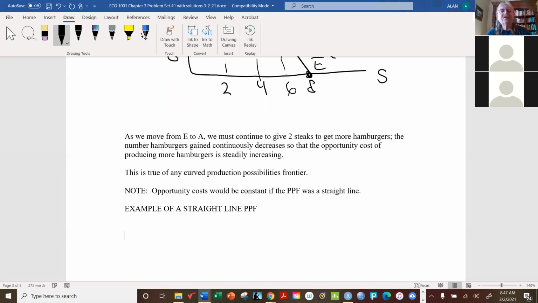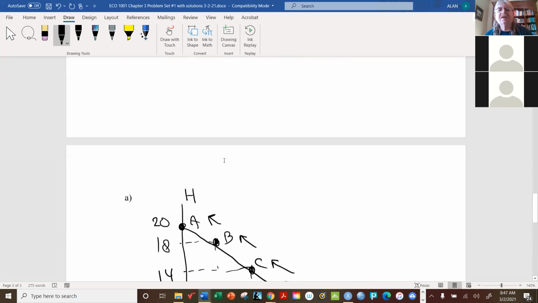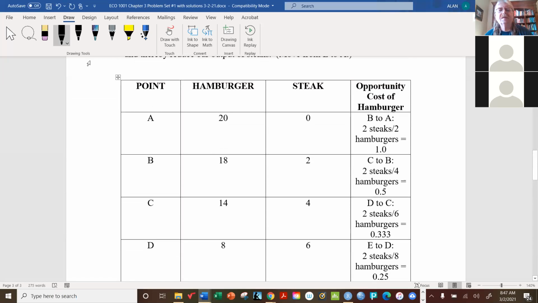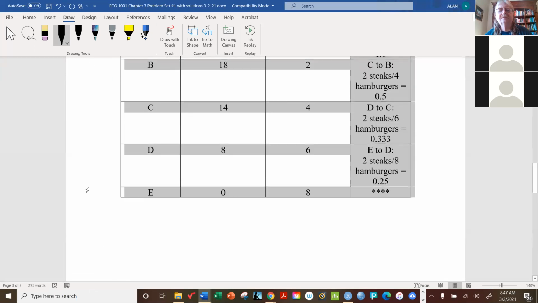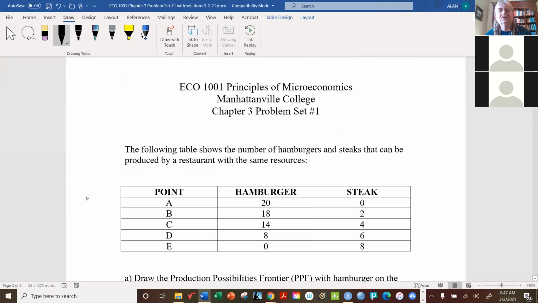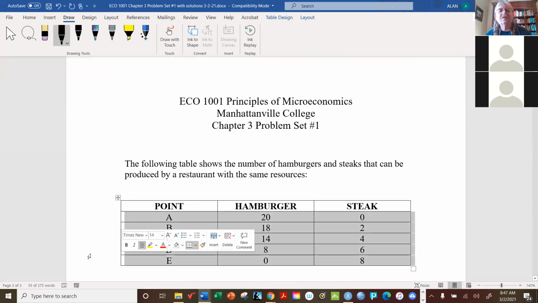PPF. Now imagine that here's my chart. Let's grab this chart and do something a little different with it.